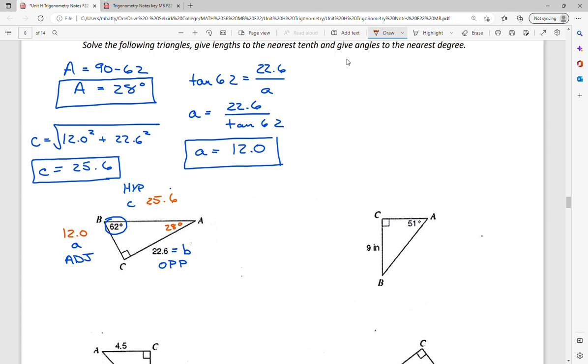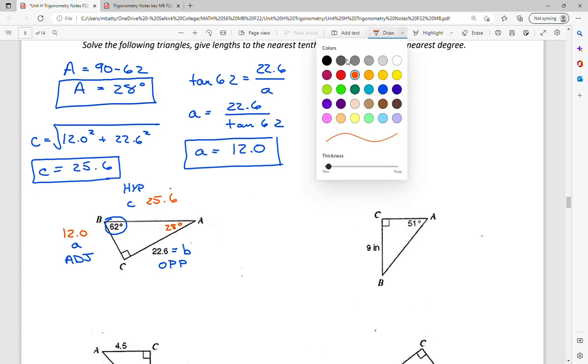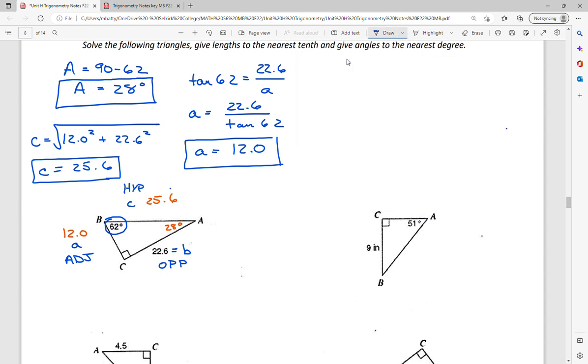One more, and then I'm going to just switch to the answer key because you can choose your own adventure in this. I always start with labeling as much as I can and then doing the easiest thing. So in this one, angle B is 90 minus 51, or angle B is 39 degrees. The next thing that I do is solve for side B. That would be adjacent to my reference or target angle here.